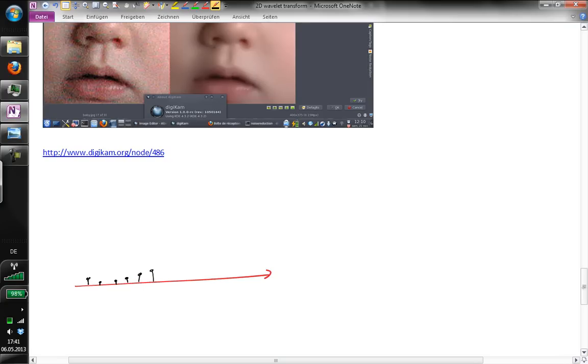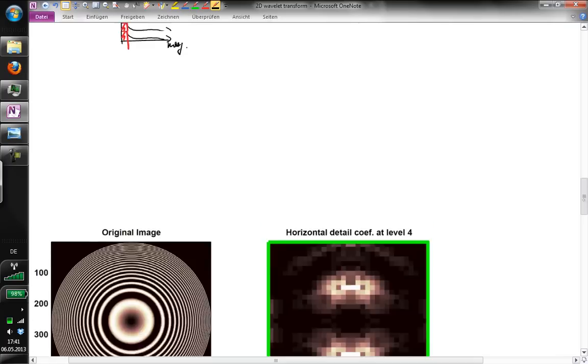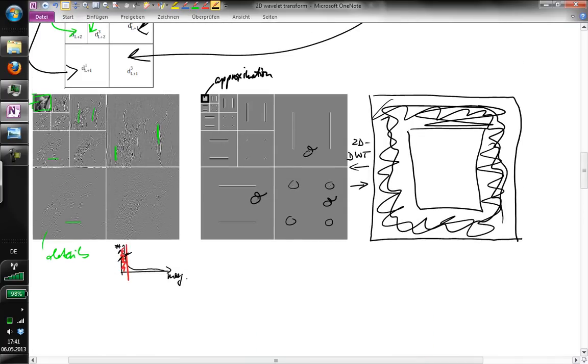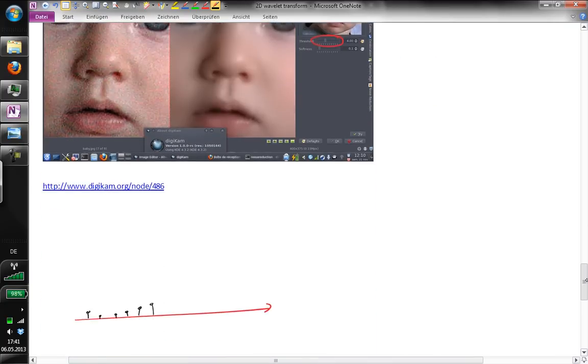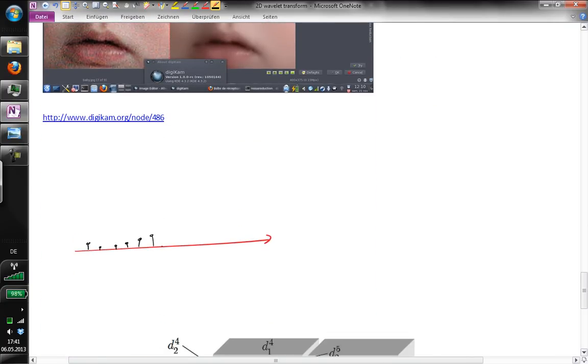The line that I'm drawing here is, let's say, one line across this set of the diagonal details. And the coefficients can of course be positive and negative. So this is what it looks like.